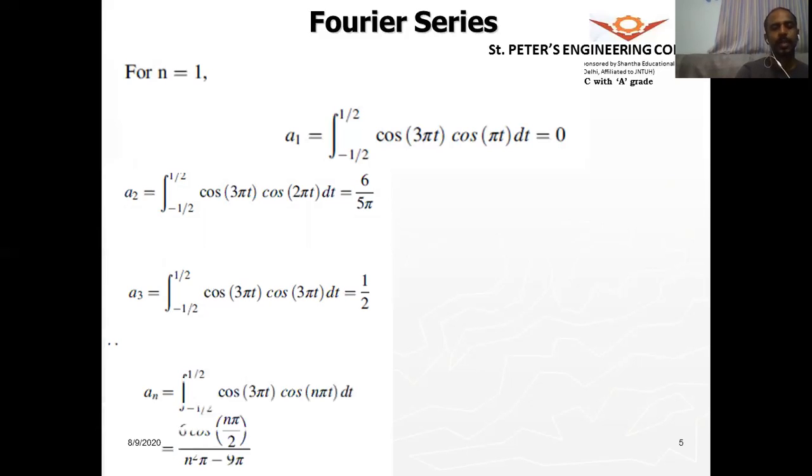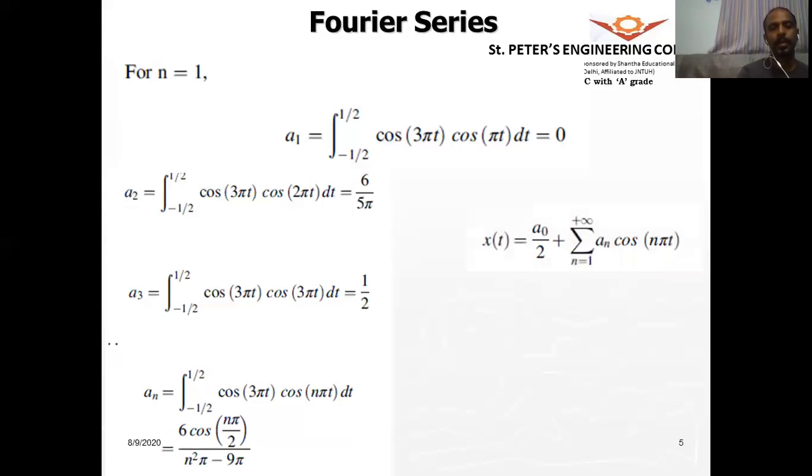So when you continue like this, for n we see that it will be 6 cos n pi by 2 over n square pi minus 9 pi. That will be the answer for the nth term.